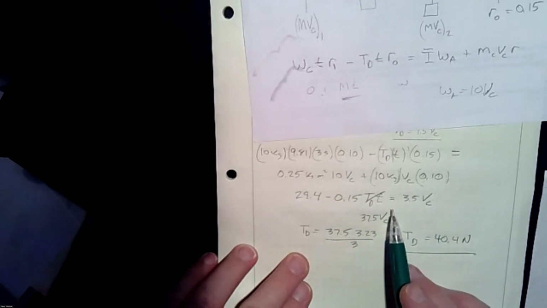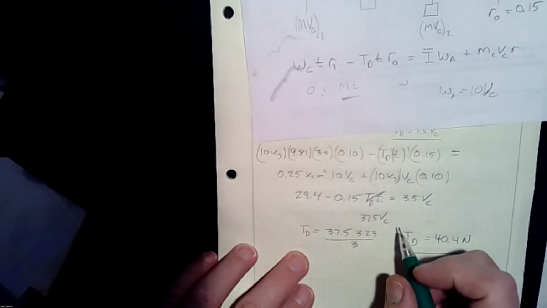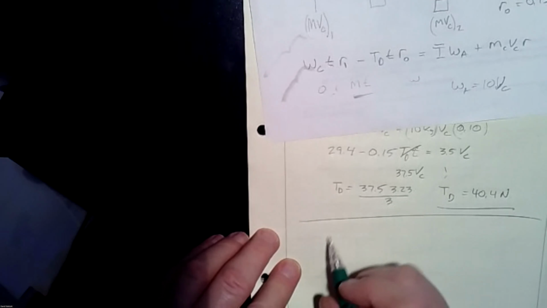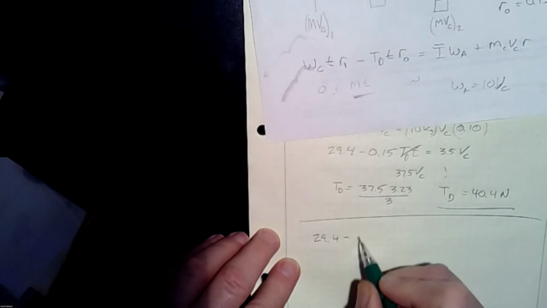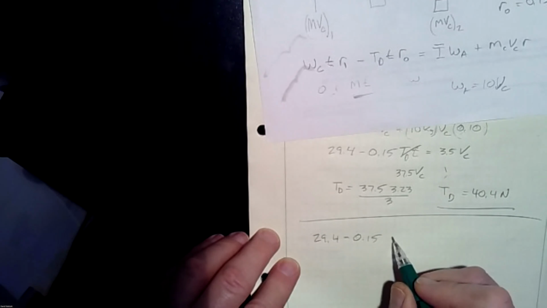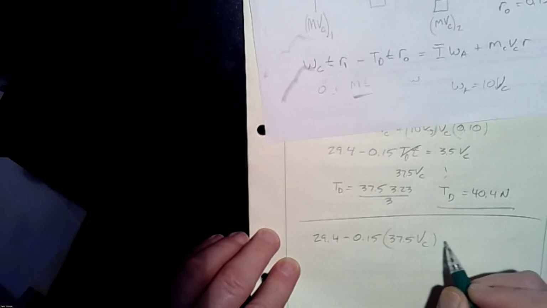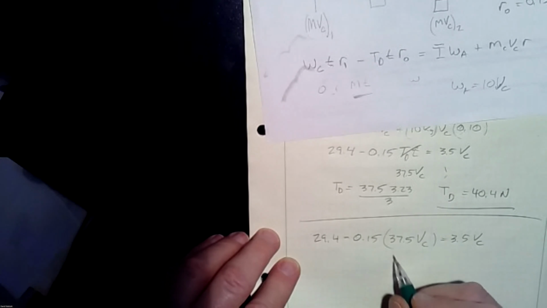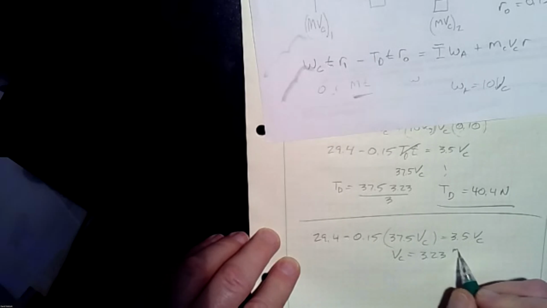If I solve this, I get VC. Actually, let me just write it down here. Sorry about that. It's going to be 29.4 minus 0.15 times 37.5 VC, all equals 3.5 VC. So my VC ends up being 3.23 meters per second.